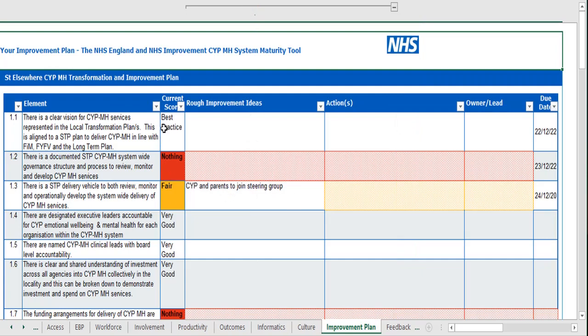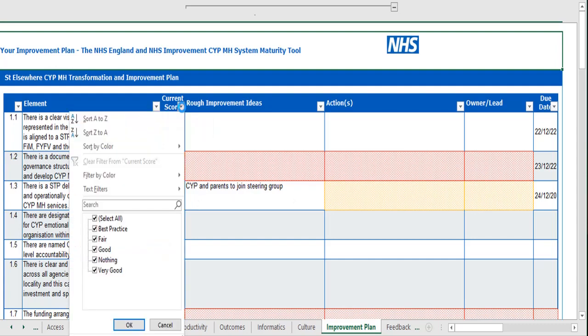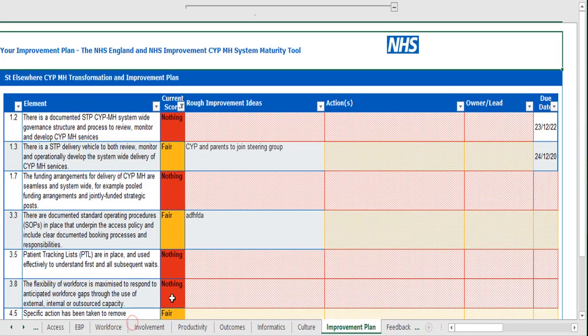You'll notice there's an opportunity to filter, so you can filter around fair and nothing. They're the ones we've coloured in bold because they're the ones we'd encourage you to focus on first. Again, you can see that 1.3 is still there, which scores as fair, and our improvement idea was that children, young people and parents join the steering group.